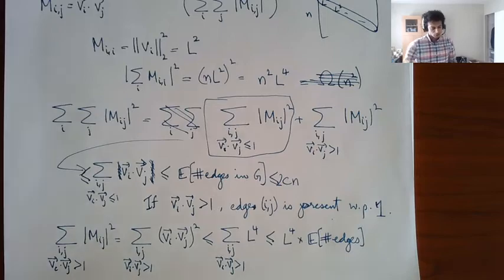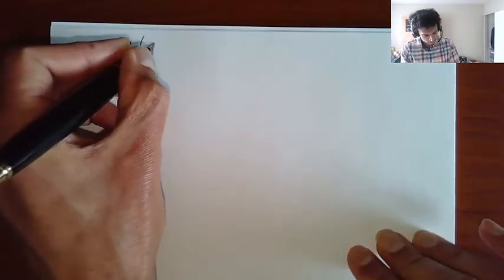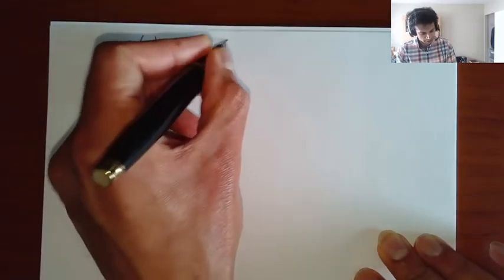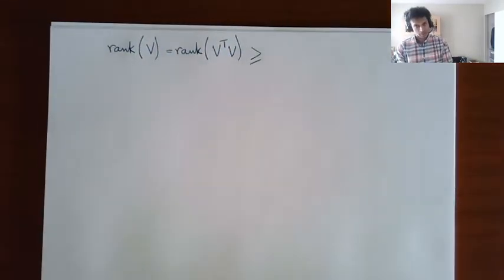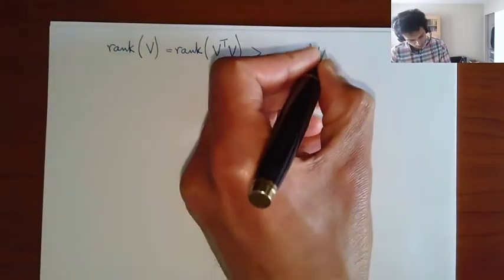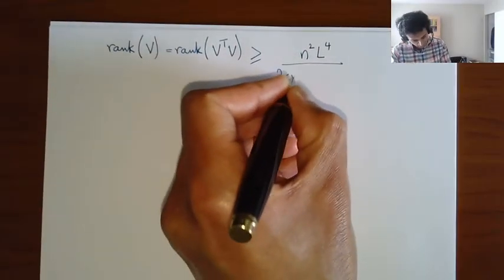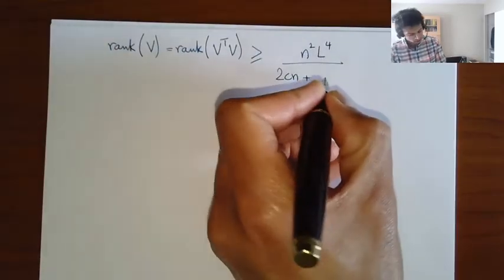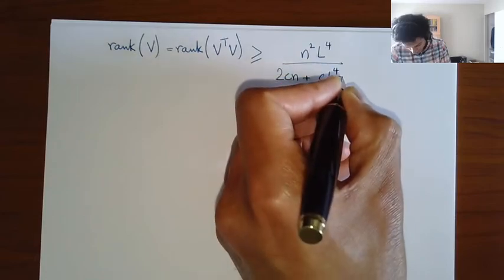Okay, so now let's plug all of this into our rank bound. We get the rank of V, which I'm going to write out as the rank of the Gramian matrix, is less than or equal to n squared L to the fourth divided by 2cn plus c times L to the fourth times n.